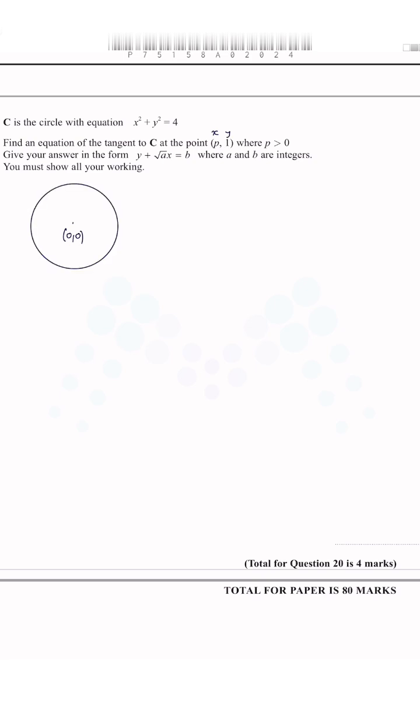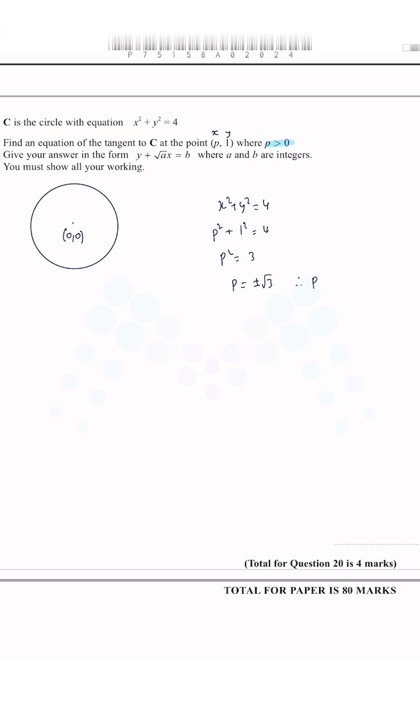Now, I can actually work out the value of p because I know x squared plus y squared equals 4, y is 1, so that's going to be 1, and x is going to be p, so it's p squared. Therefore, p squared is equal to 3. p must be equal to plus or minus root 3. But in the question, they told me that p is greater than 0.